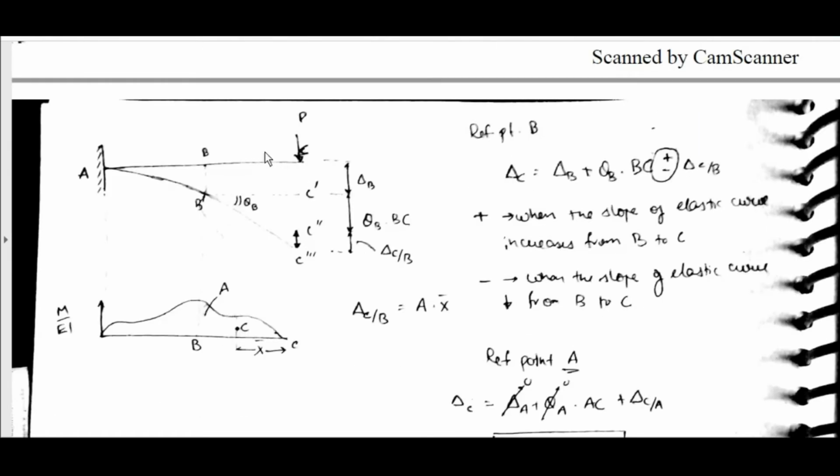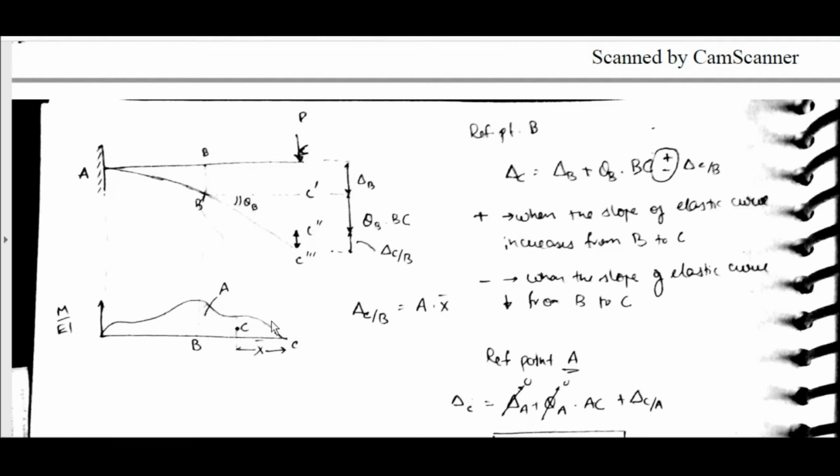For example, let's see the case. Reference point B: delta C is equal to delta B plus theta B into BC plus or minus delta C by B, plus when the slope of the elastic curve increases from B to C, negative when the slope of the elastic curve decreases from B to C. Delta C by B is equal to A x bar.